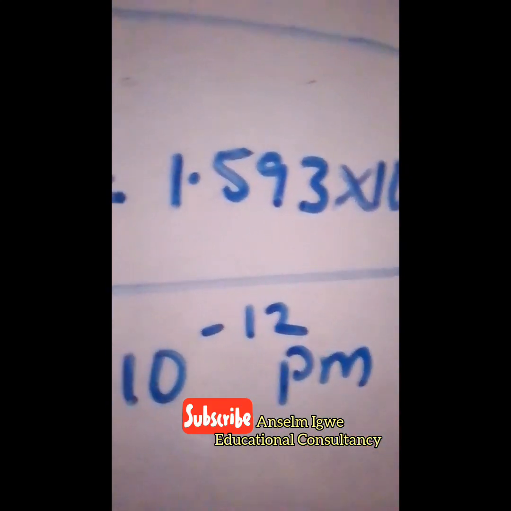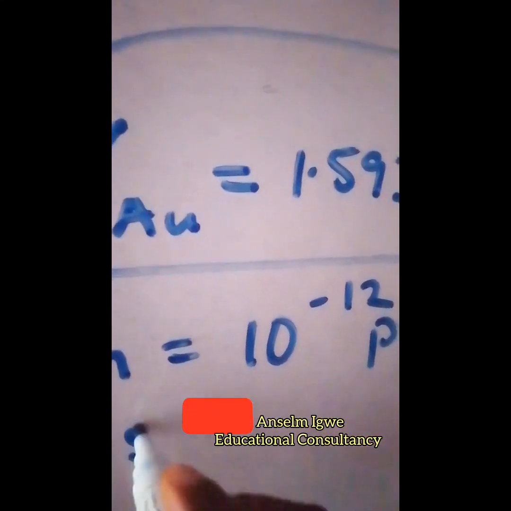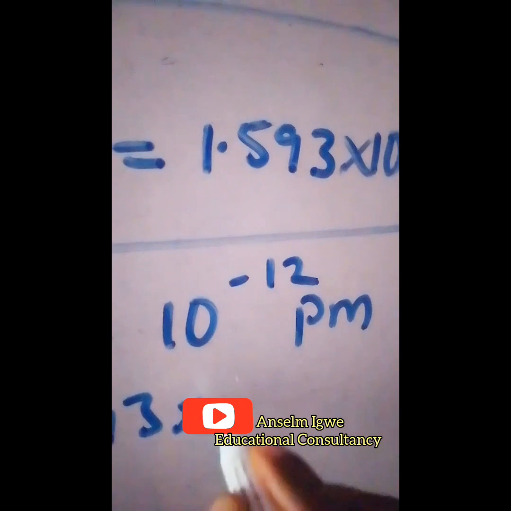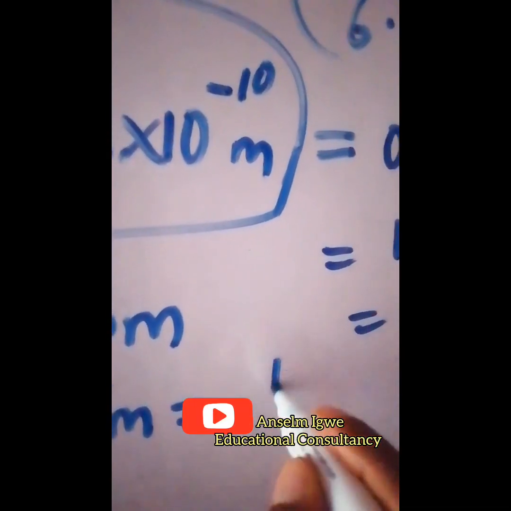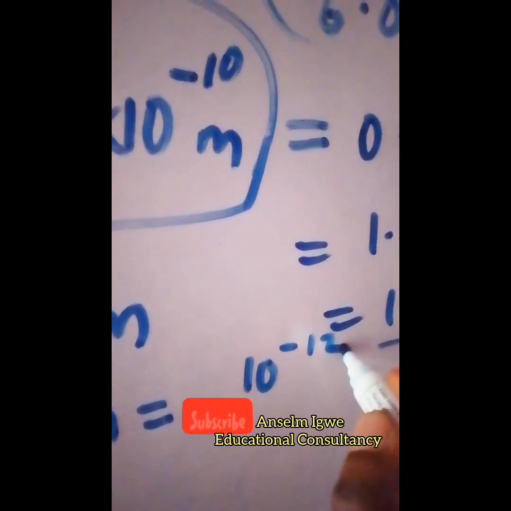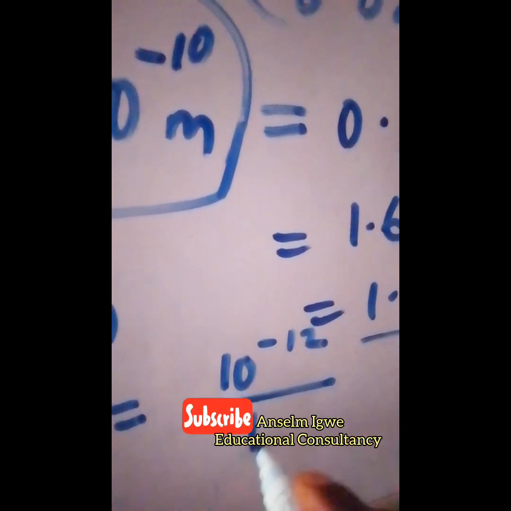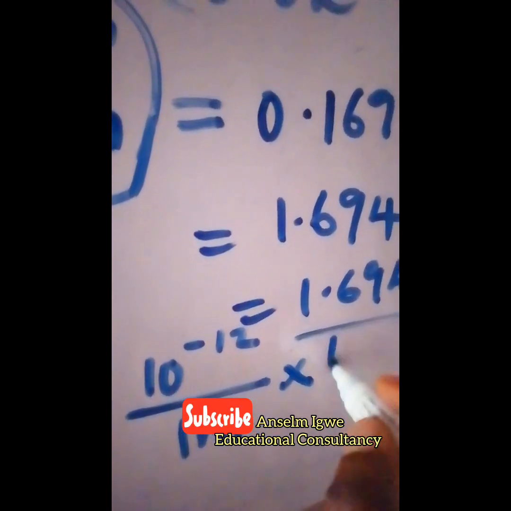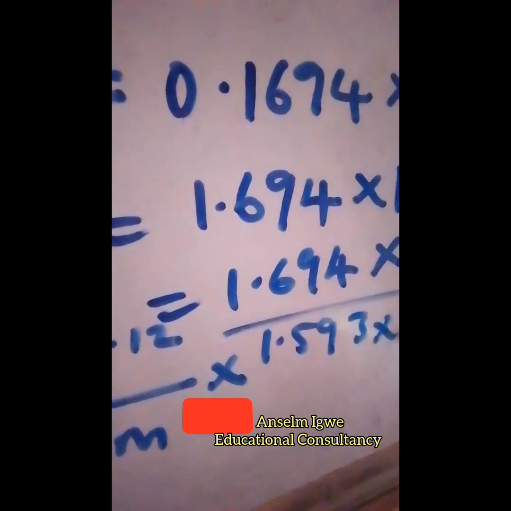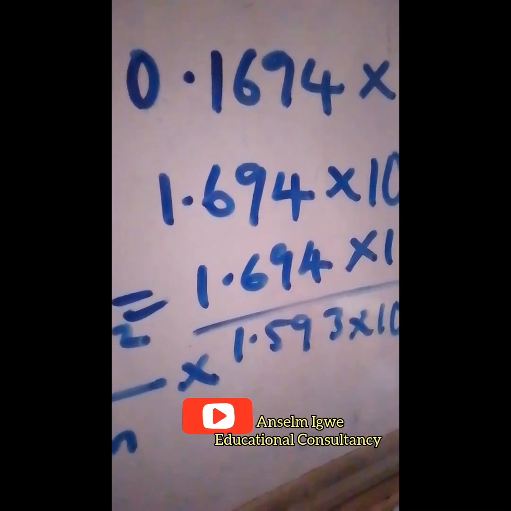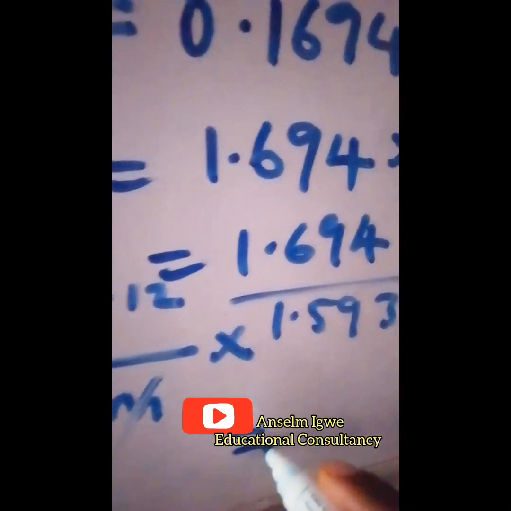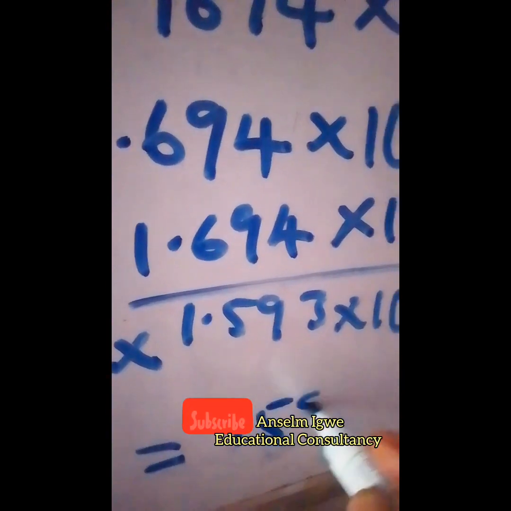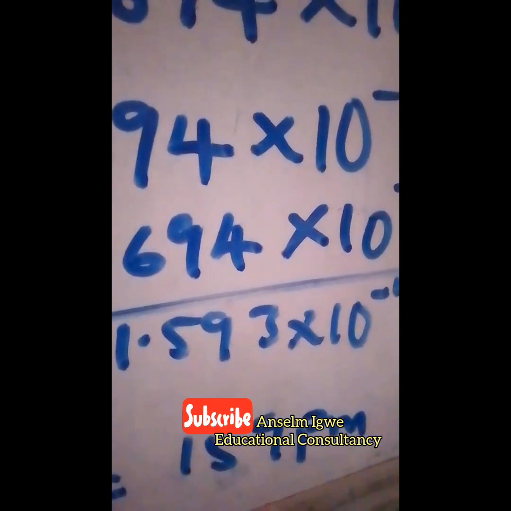Therefore, 1.593 times 10 raised to power minus 10 meter times 10 raised to power 12 picometers over 1 meter, and finally we will get 159 picometers.